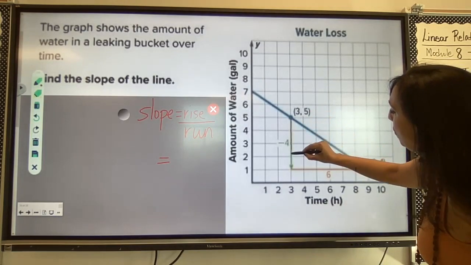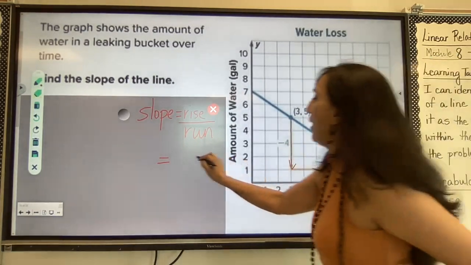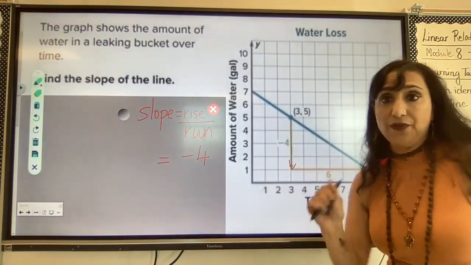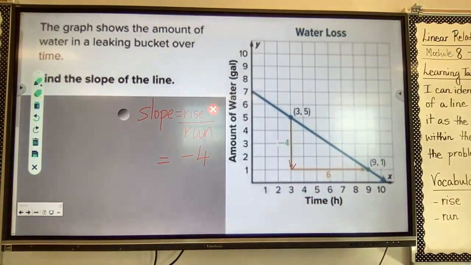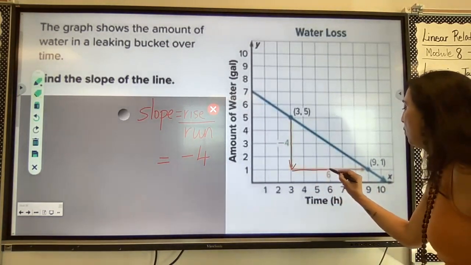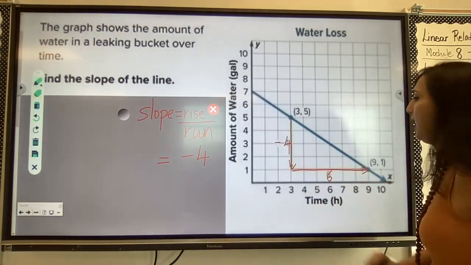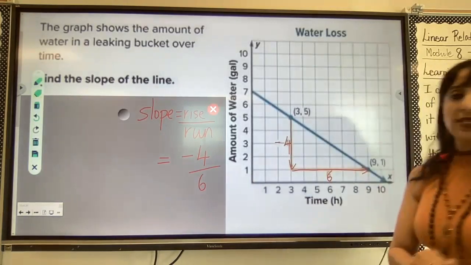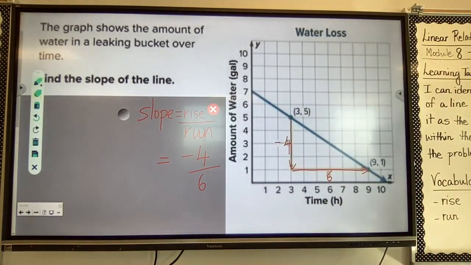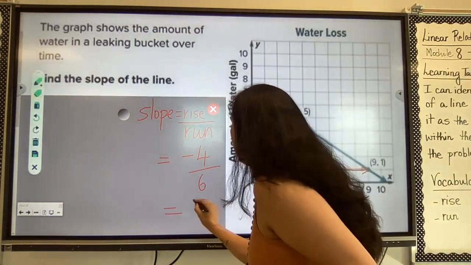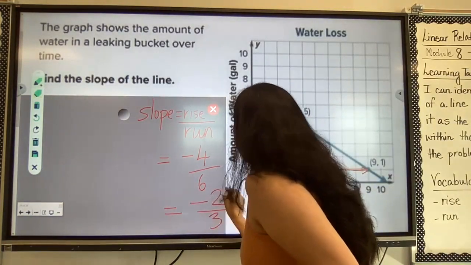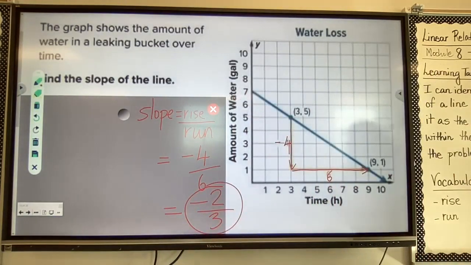So 1, 2, 3, 4. So that's a -4 since it's going down. Then we look at the run over here, which is 1, 2, 3, 4, 5, 6. So this is -4 and this is 6. So my run is 6. Then I just simplify this ratio and I get -2 over 3. And this is what my slope of the line is, -2/3.